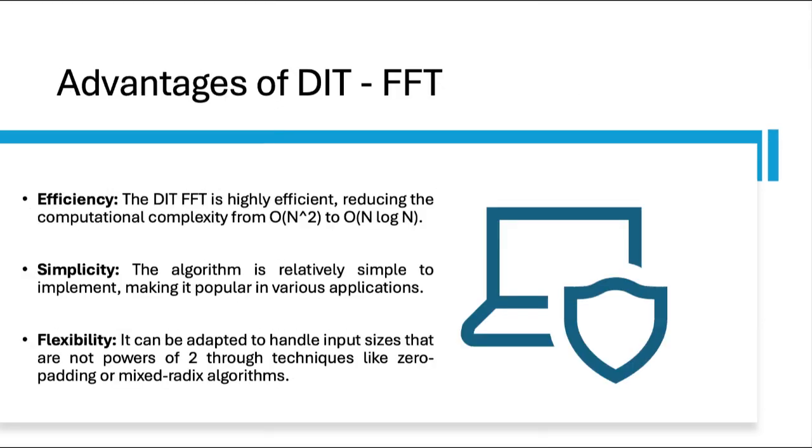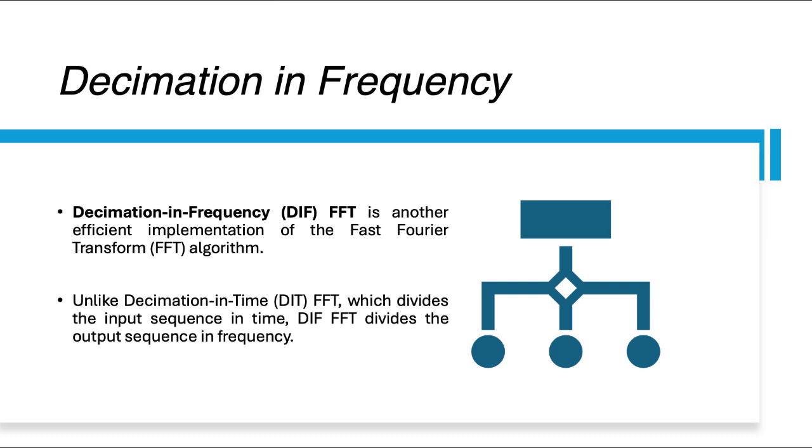The DIT FFT is highly efficient, achieving a reduction in computational complexity, and its relative simplicity in implementation contributes to its popularity across various applications. Additionally, it offers flexibility by accommodating input sizes that are not powers of 2 through techniques such as zero padding or mixed radix algorithms.